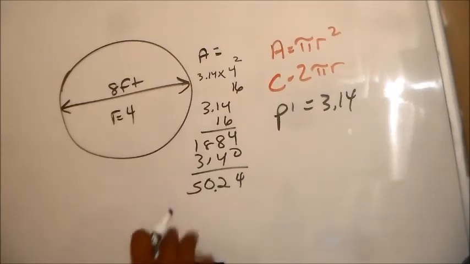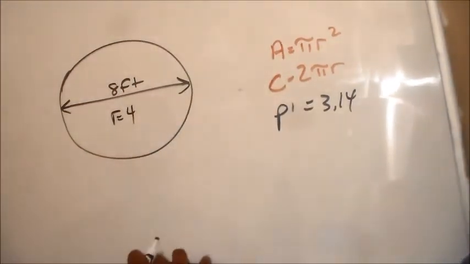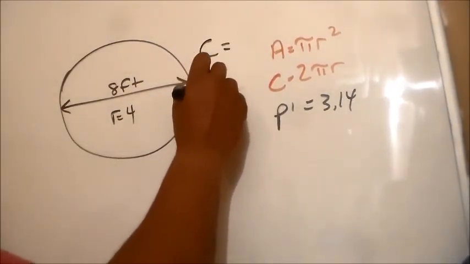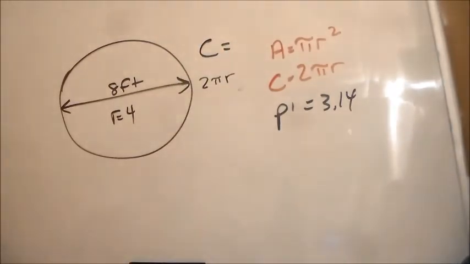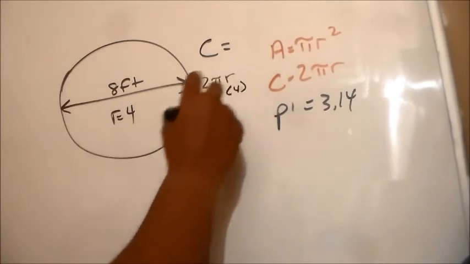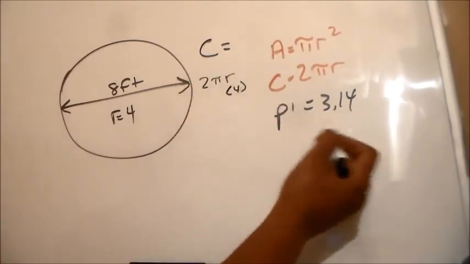Then, if I want to find circumference, circumference equals 2 pi r. So again, r is 4. I know I've got 3.14.